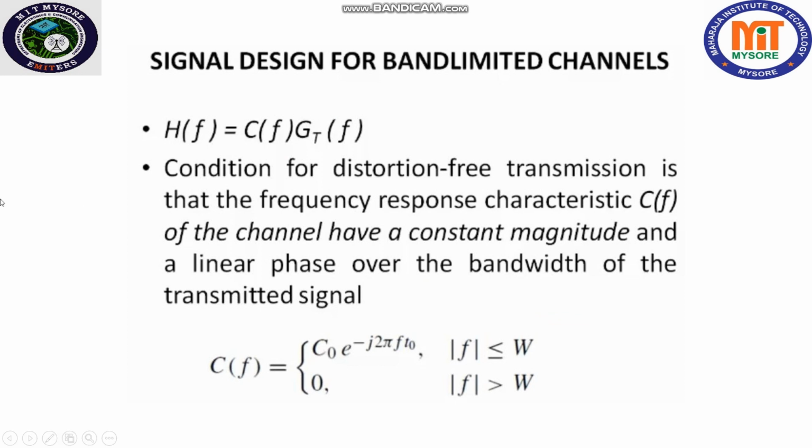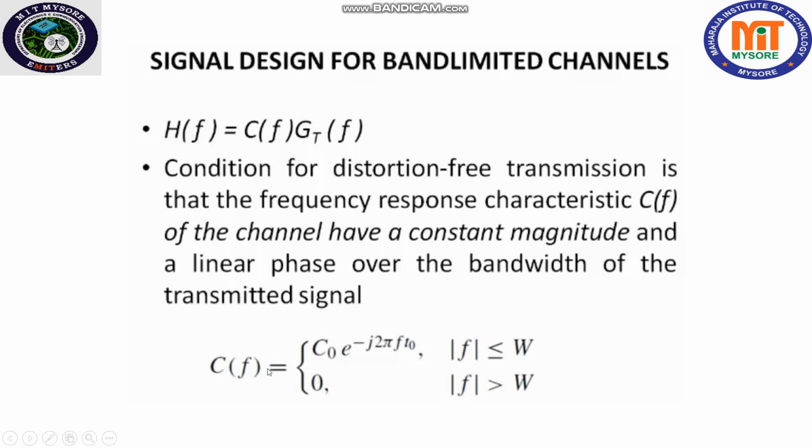Since H of f is equal to C of f times G_T of f, the condition for distortion free transmission is that the frequency response characteristic C of f of the channel must have a constant magnitude and a linear phase over the bandwidth of the transmitted signal.